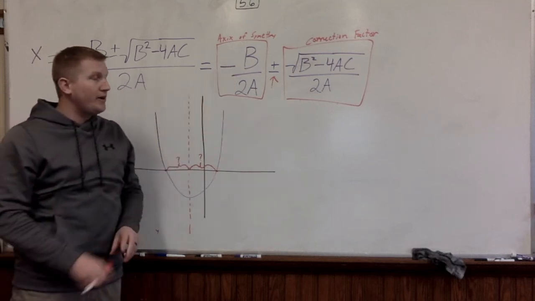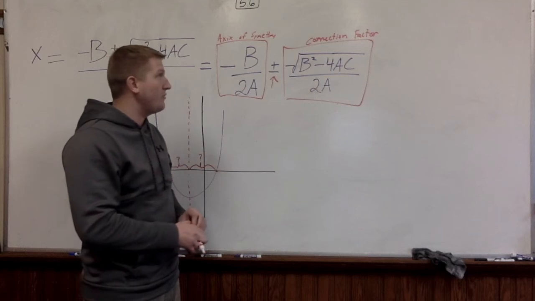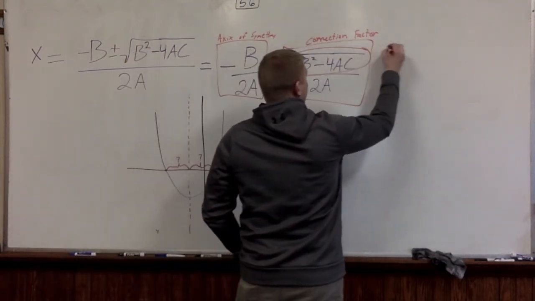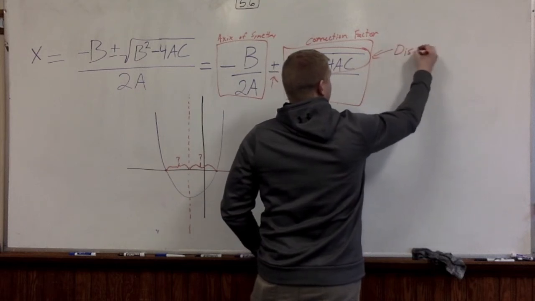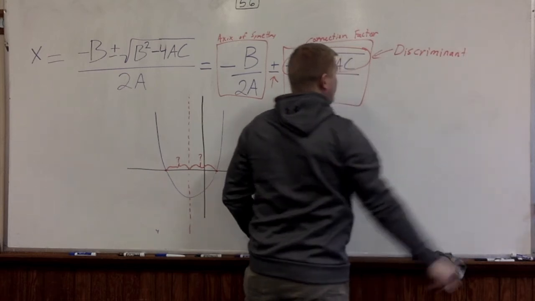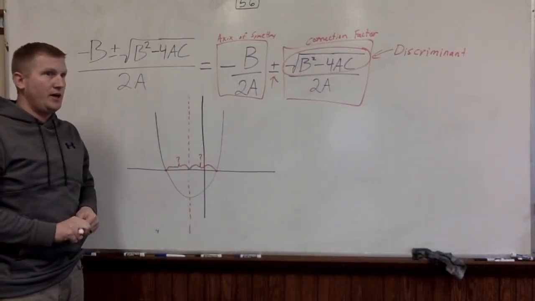Now, the top part of that fraction, namely the part under the radical, the square root of b squared minus 4ac, is often called the discriminant. And the discriminant can tell us a lot about our quadratic.